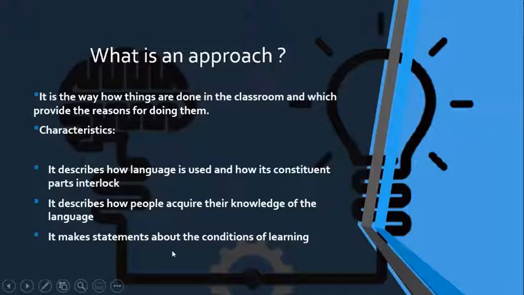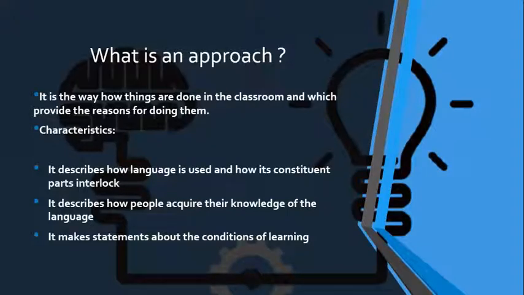For example, an approach describes how language is used and how it is constituted in part interlock. When we talk about interlock, it is how things go together to be just one, to be as a whole.